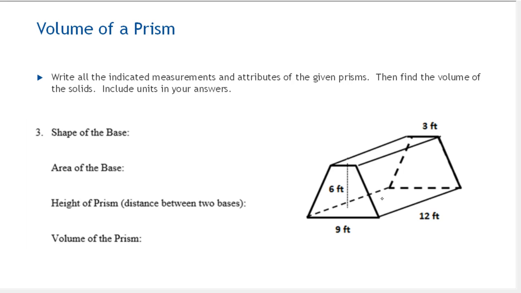So remember, when we're finding the volume of the prism, we're focusing on finding these parallel identical sides, and then once we find the area, it's like we're taking slices out of it to find the volume by multiplying by the height. So there's a base, and there's the other base. The shape of the base is four-sided. It has one pair of parallel sides, not two, so it is a trapezoid.